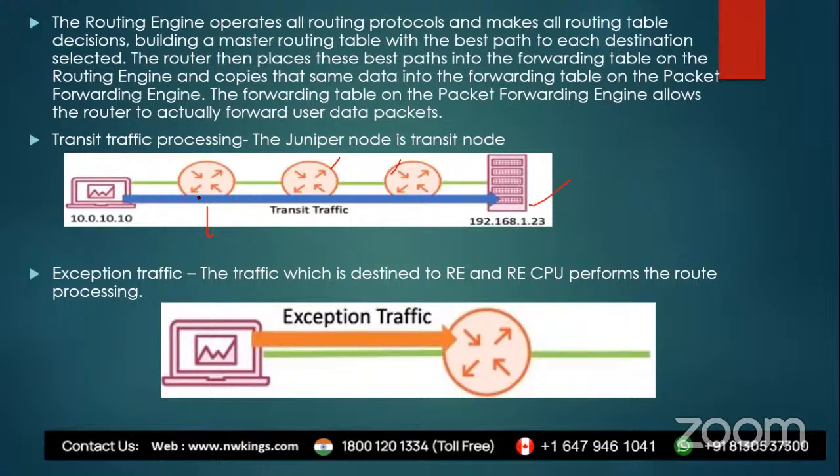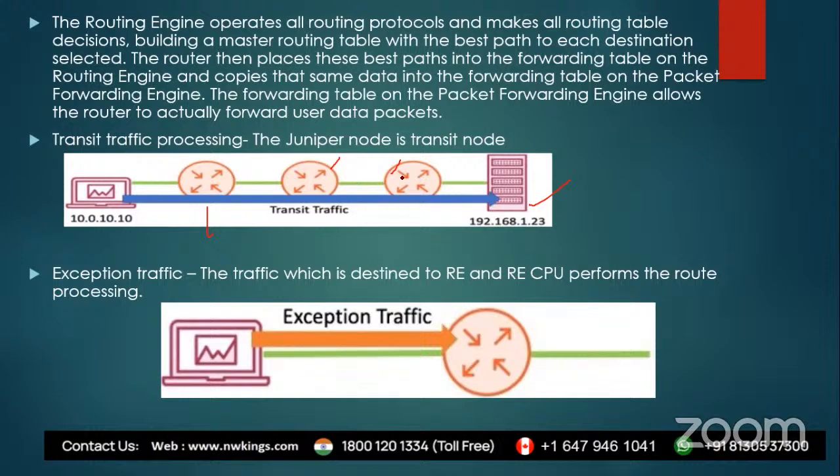So from R1's perspective, this traffic with destination 1.23 is transit traffic, which is not coming to me, but is pointing to someone else. It will check the forwarding table and forward the traffic to R2. Similarly, R2 will do route lookup and forward the traffic to R3, and R3 will also do route lookup and forward the traffic to the respective server.